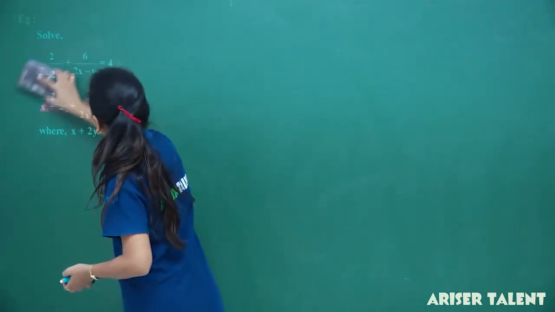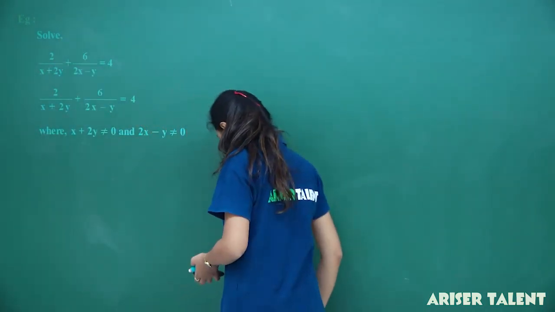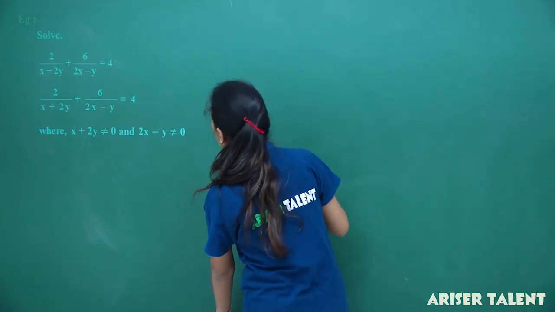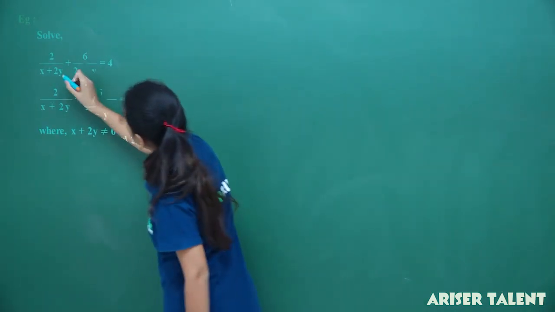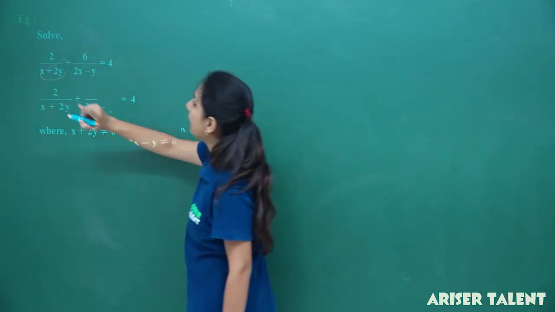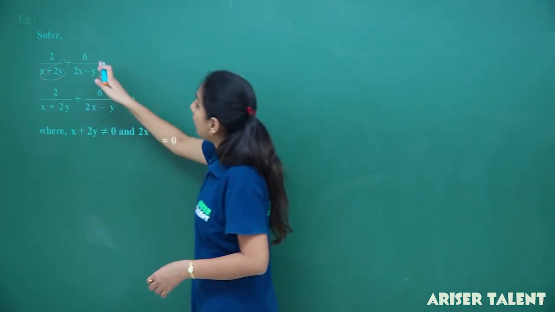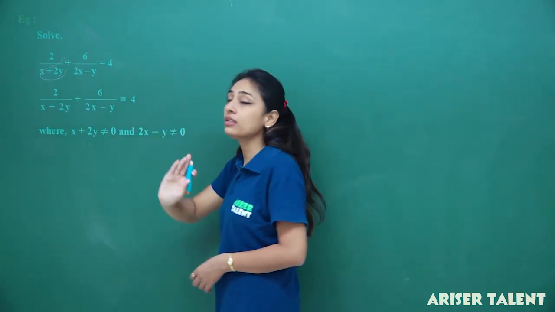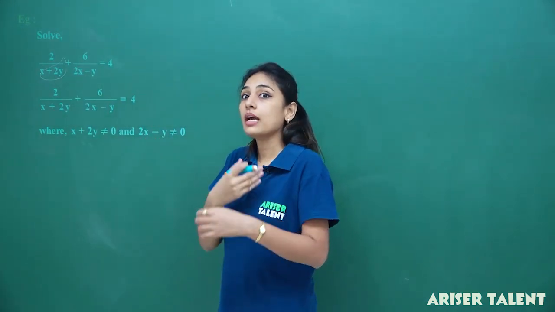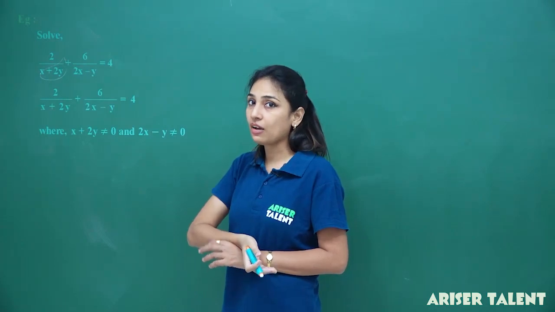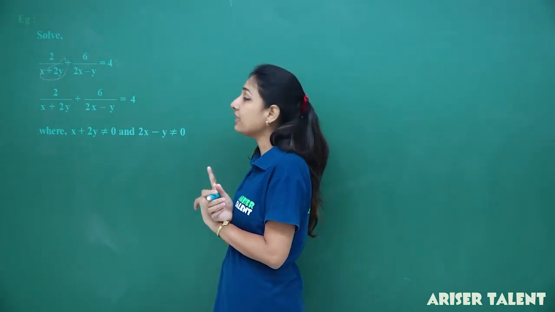So what will I do in such kind of questions? I'll simply assume that this 1 by x plus 2y is one variable, and this 1 by 2x minus y is a second variable. How will I write it?